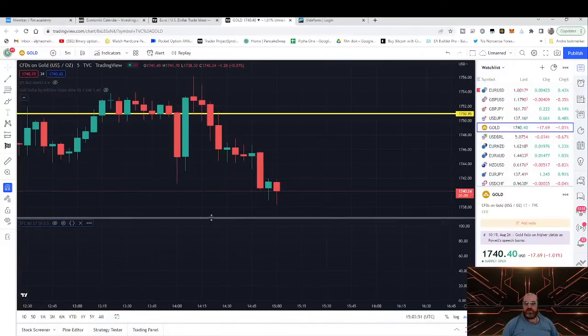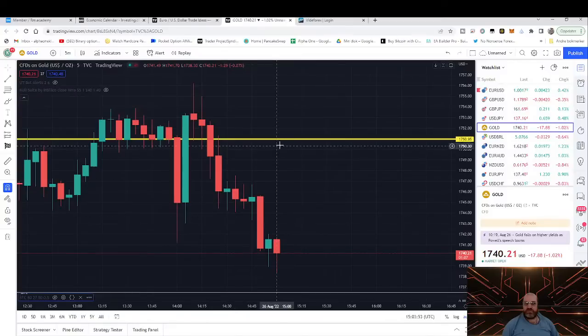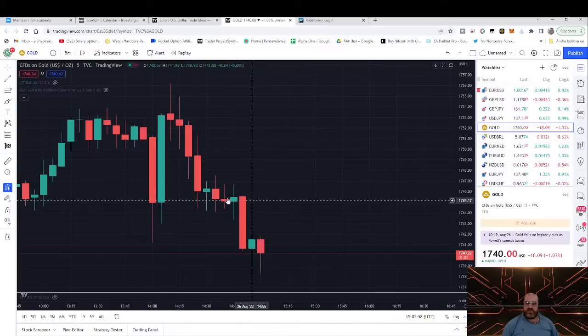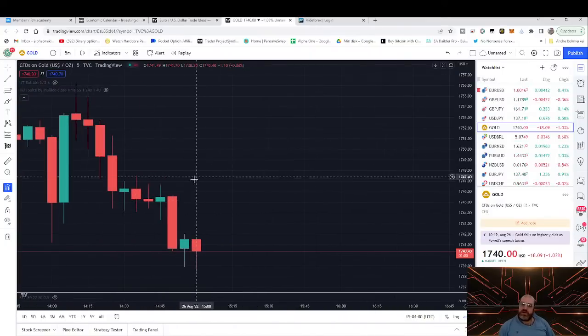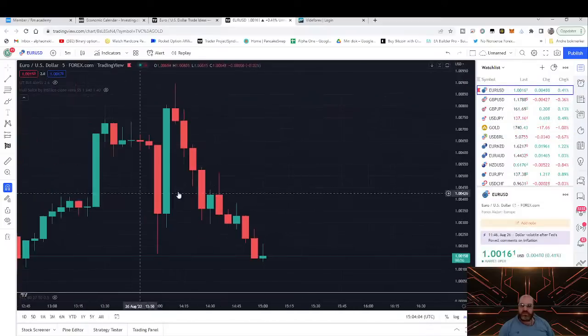This is just me testing some of these indicators. Let's delete this one. So here we can see that we are in gold now. Let's see. There we are in euro against dollar.